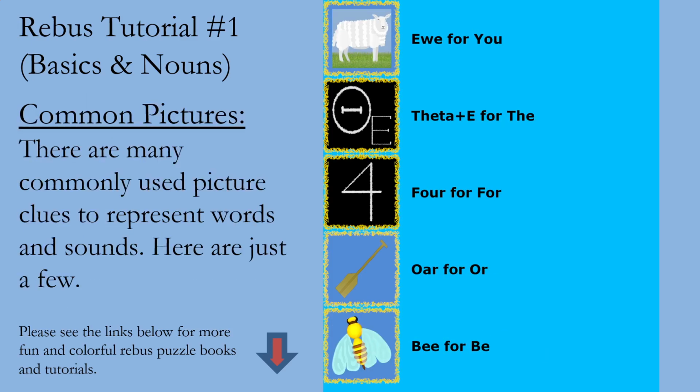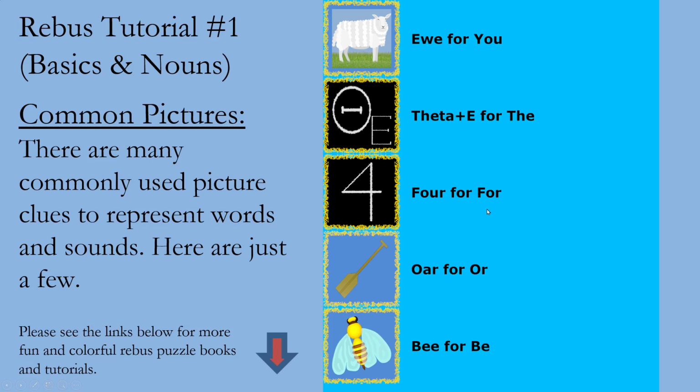And here's some common pictures that are used often, so I just want to present them to you so that way you can see them for yourselves and know that they're there. U for you, and here I use this one a lot for the. It's a theta. This is the Greek letter theta, which has the sound TH, so with an E it's the.